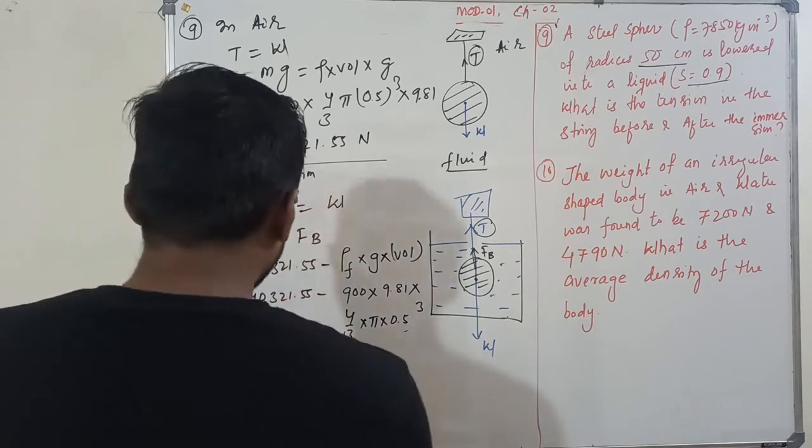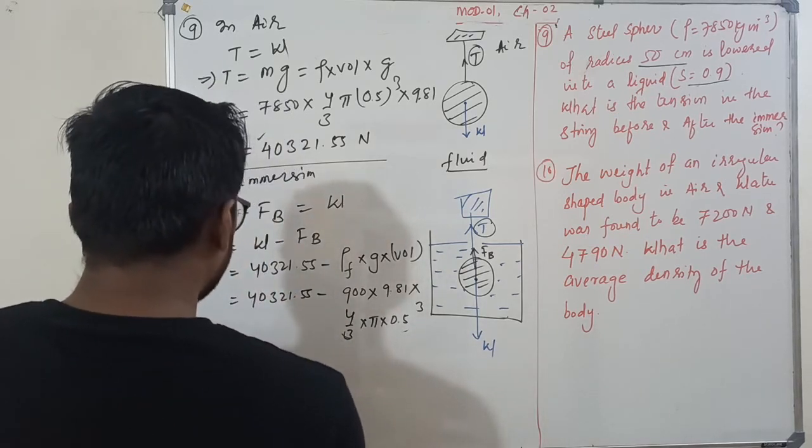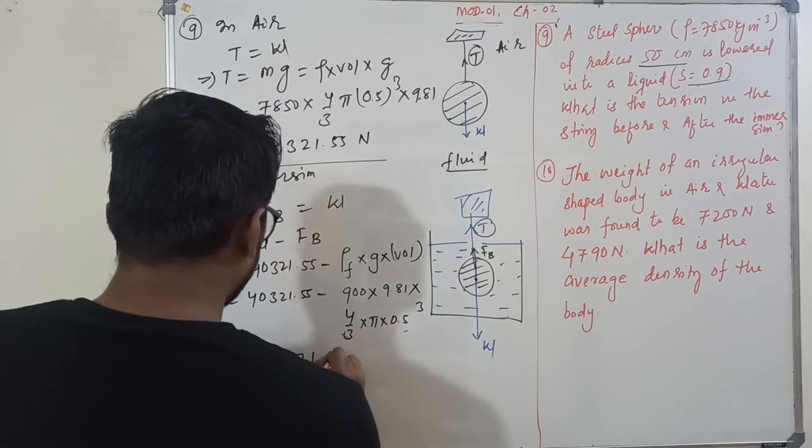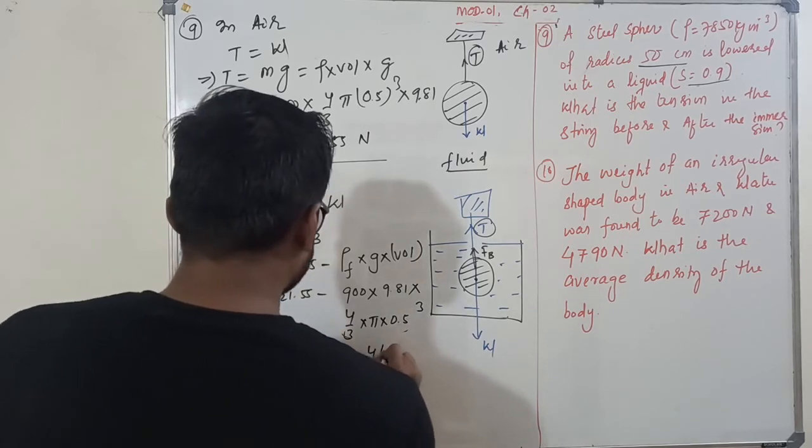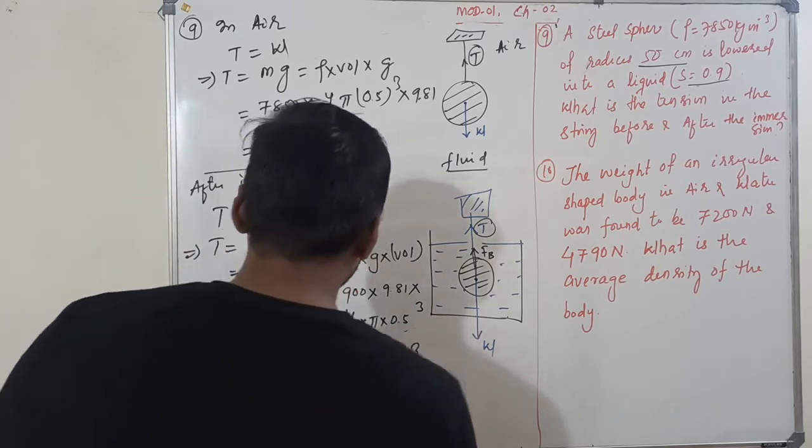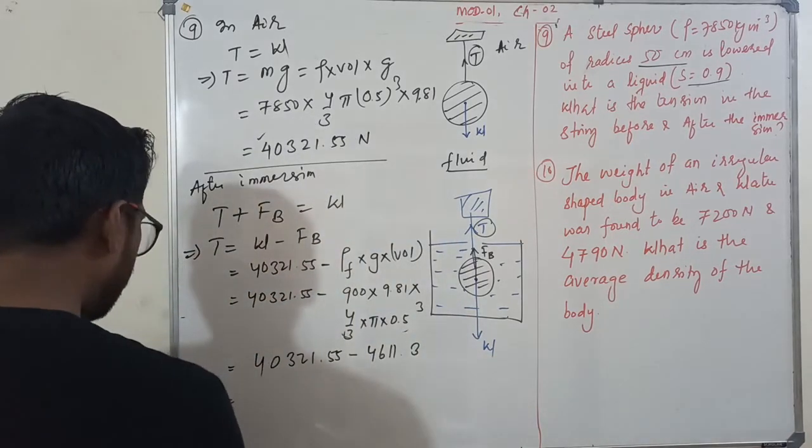I am getting an answer of 40,321.55 minus 4611.3. So what is the total answer you are getting?